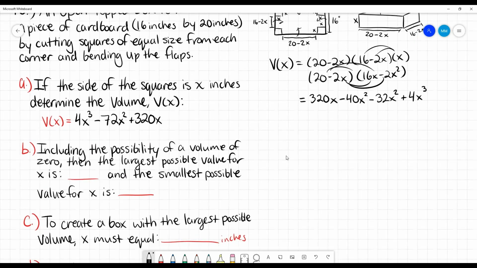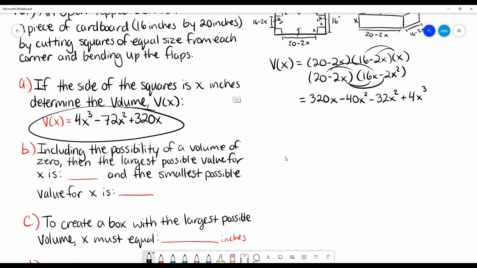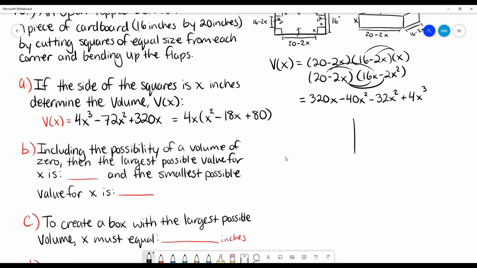Okay, well, let's figure out the domain of our volume function here, and I am going to factor that out really quick because I see that a 4x goes into all of it, so that's going to be x squared minus, what is 72? It's 18x, I believe, and then plus 80. Okay. I don't know if that factors out at all. I could try. Give me one moment to see if that factors.